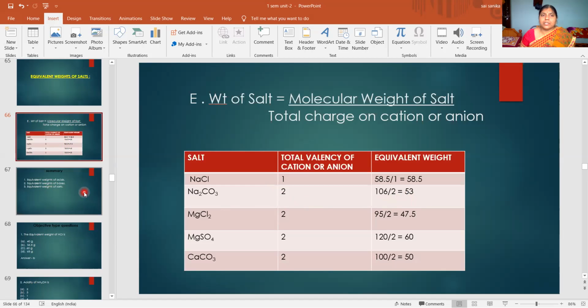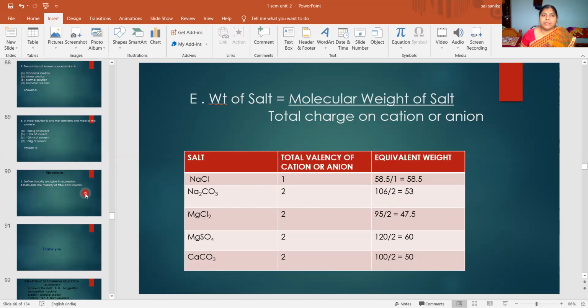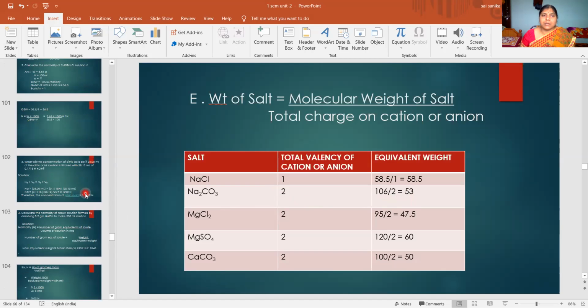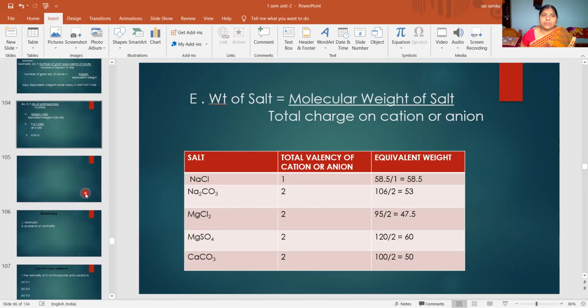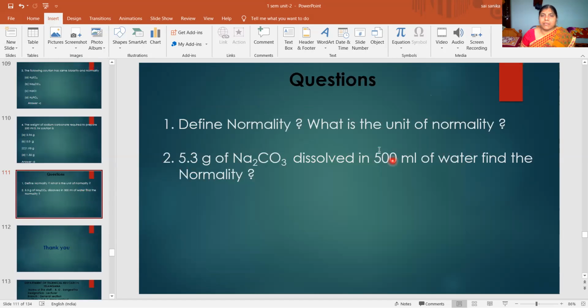So 5.3 by 53 into 1000 by the volume they have given, 500 ml. So 5.3 by 53 into 1000 by 500, and you will get the answer.